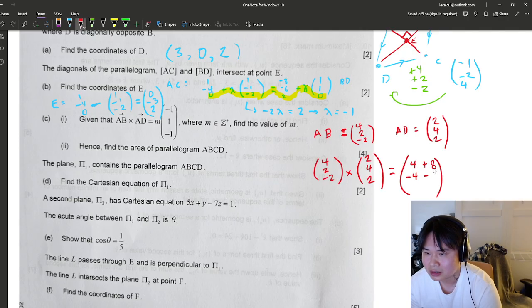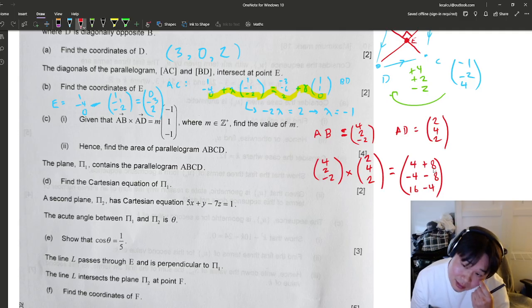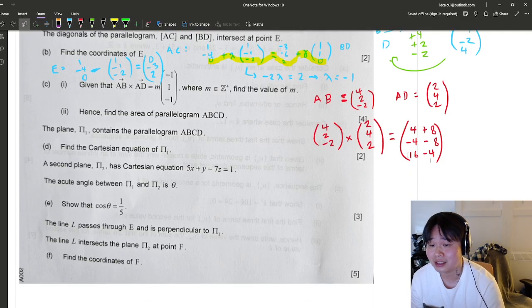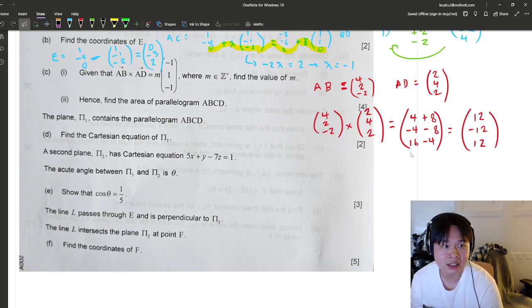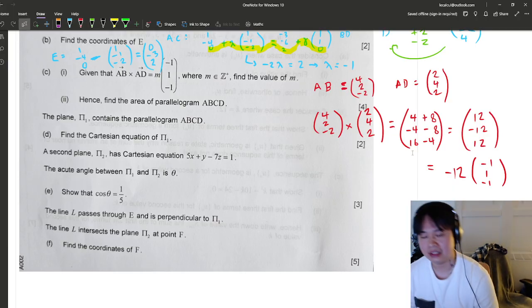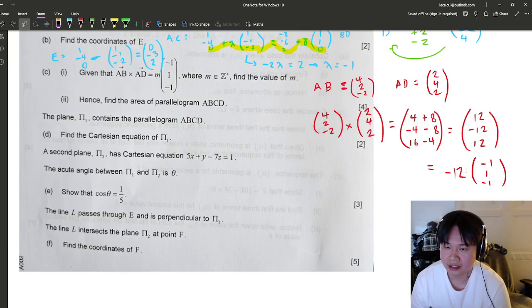Negative 4 minus 8? 16 minus 4? I don't know, just follow the cross product formula. I hate this. 12, negative 12, 12. Okay, and then I want to find m, so this is a scalar multiple of negative 1, 1, negative 1, so negative 12, that's my m. Sure, it works out. Yay, I think I did that right.